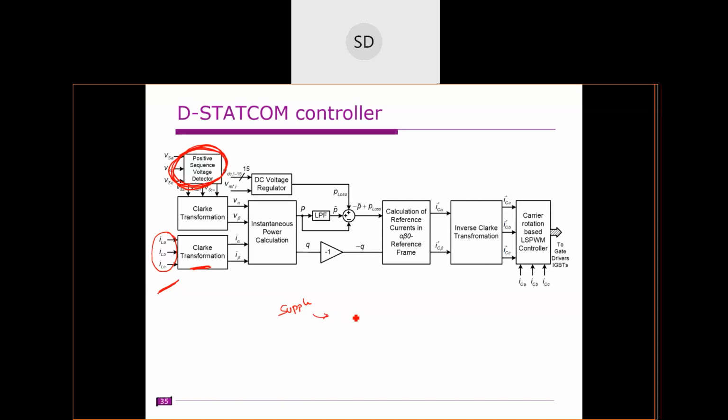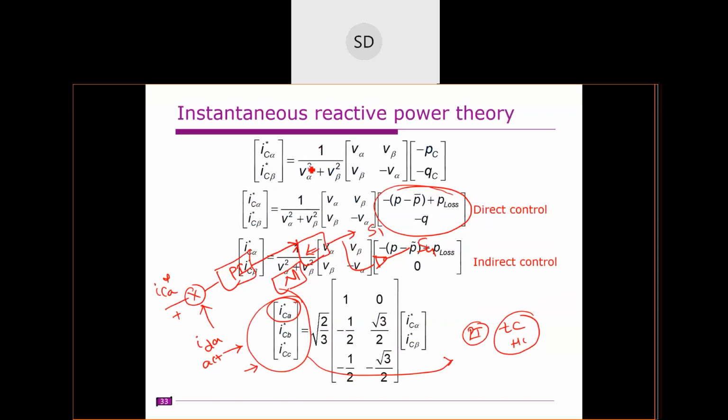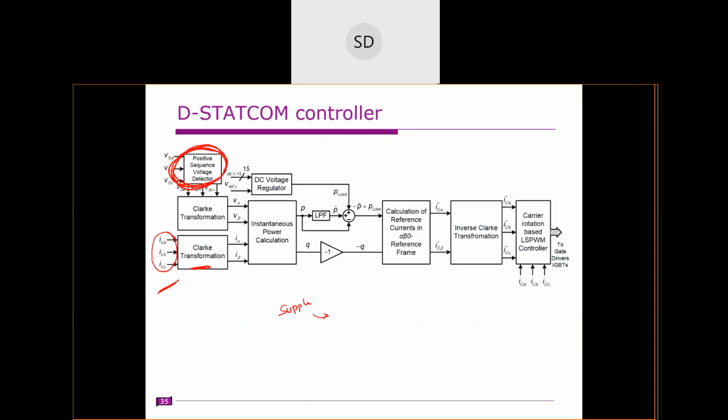Then whatever P and Q we calculate gives some errors, because we already assumed, when writing these equations, that the voltages do not impact the powers, that is, they are sinusoidal and balanced. In practical conditions these supply voltages can be distorted, so you require this positive sequence voltage detector, which generates the positive sequence fundamental voltages VSA, VSB, and VSC.